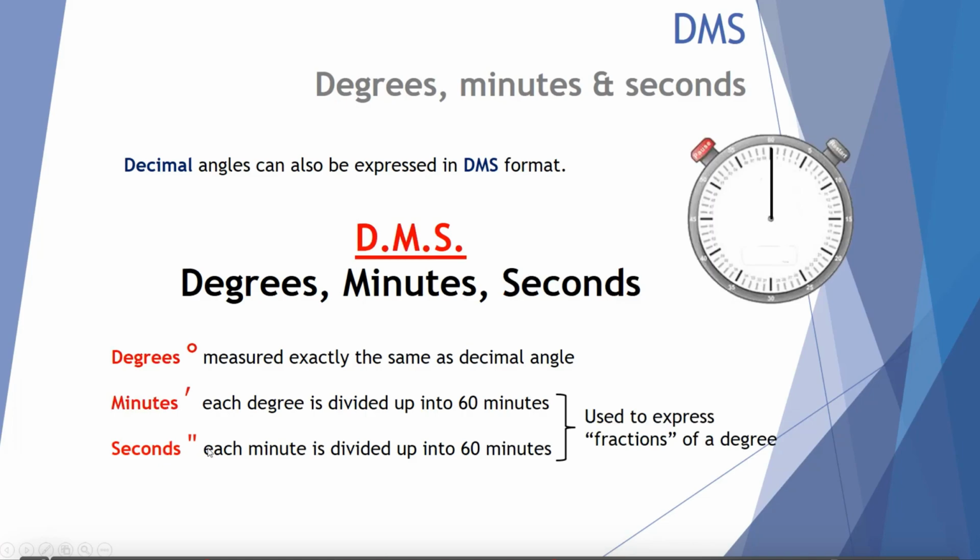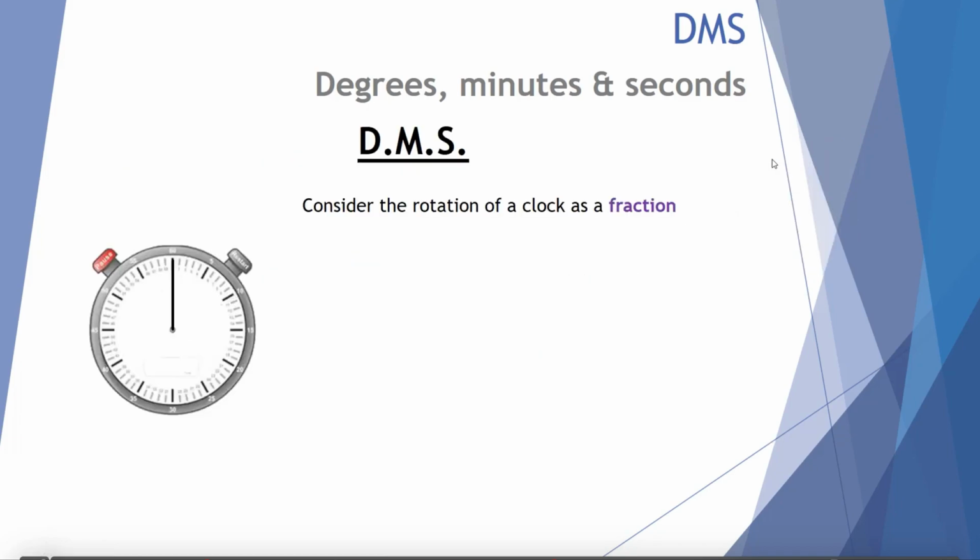So again, the minutes and the seconds are used to express the fractions of a degree. And they go up to 60, much like a clock would have 60 minutes in an hour or 60 seconds in a minute. So let's have a look now at this clock and consider the rotation of a clock as a fraction.